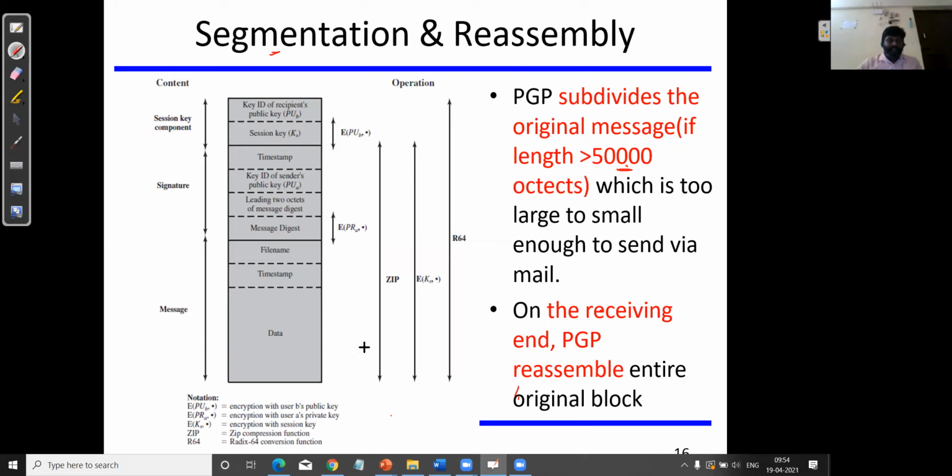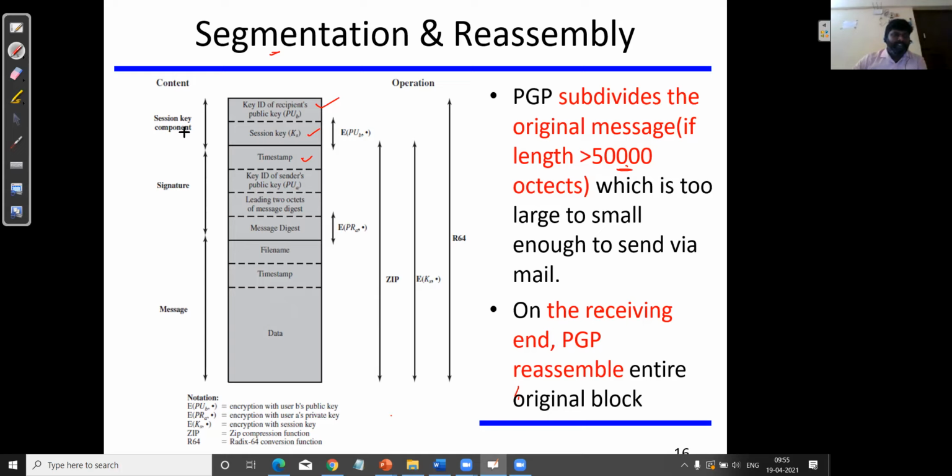Here is the complete diagram through which you will understand how the segmentation and reassembly process works. This is the key ID of the recipient, the public key and the session key components. Again, the timestamp at which the message has been generated.